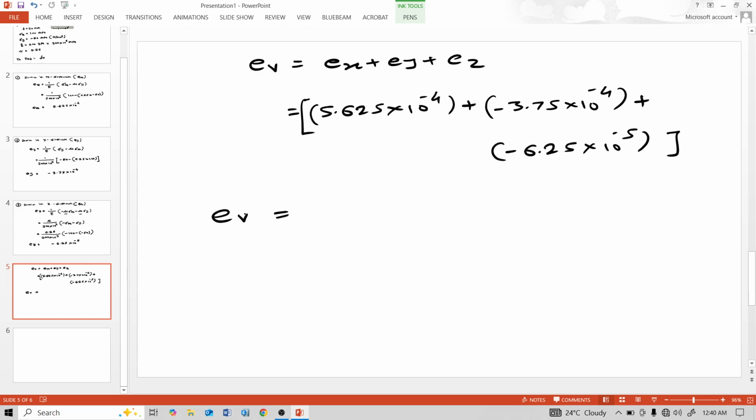Total volumetric strain is 5.625 into 10 raised to minus 4 plus minus 3.75 into 10 raised to minus 4 plus minus 6.25 into 10 raised to minus 5, which is 1.25 into 10 raised to minus 4.